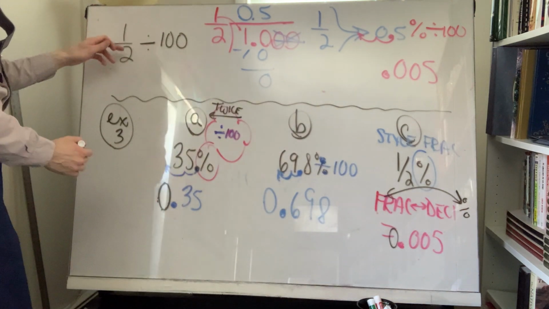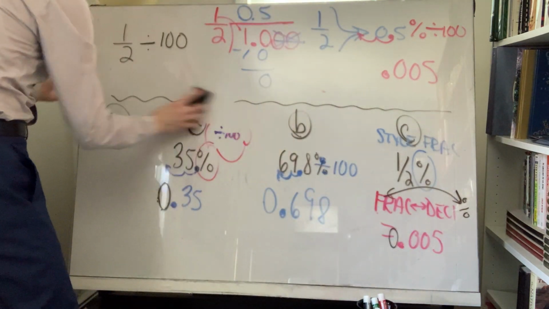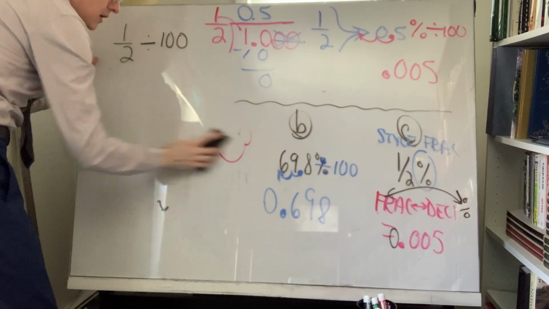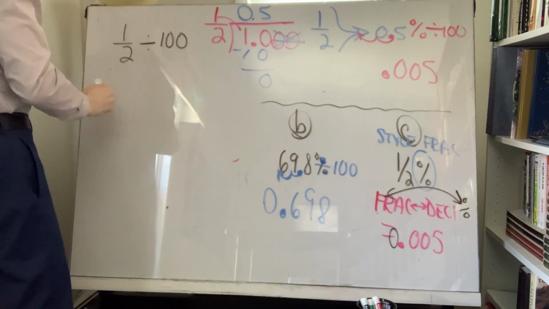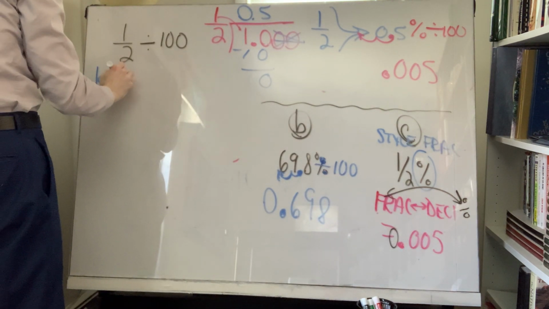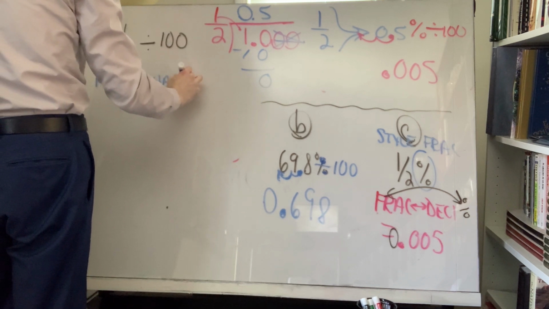All right? You may or may not remember, so let me give you a little sort of mnemonic device. When you divide fractions, right, there's this procedure: keep, change, flip.